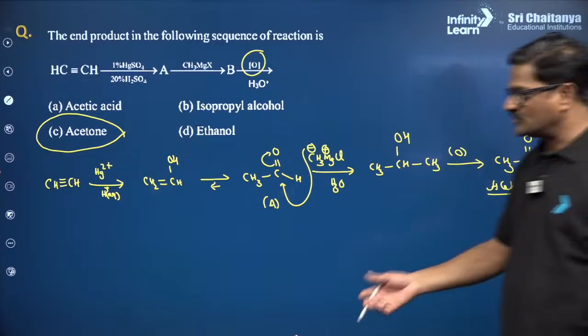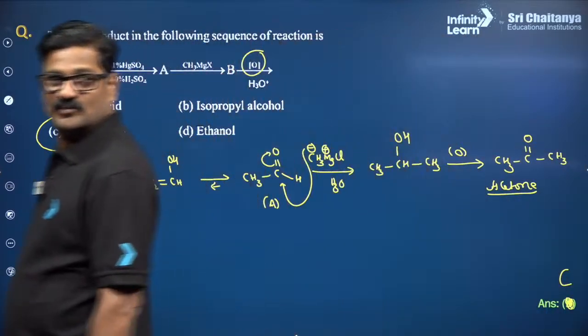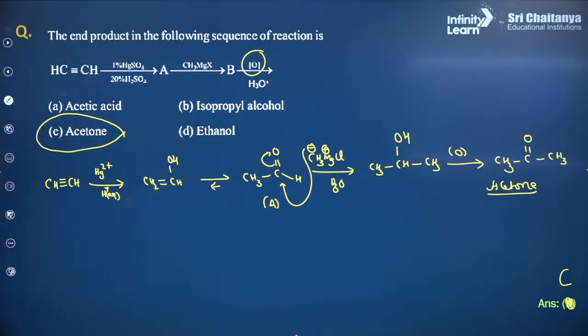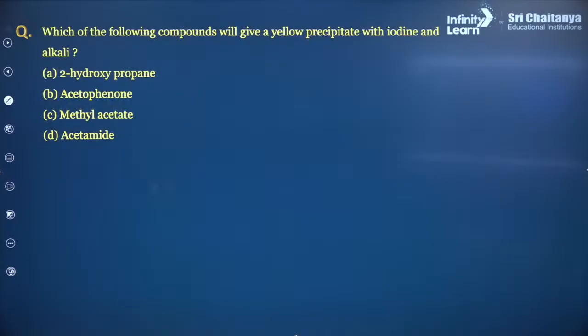Now, I think this question we previously had a discussion on, so get ready for the next question, dear children. Which of the following compounds will give a yellow precipitate with iodine and alkali?